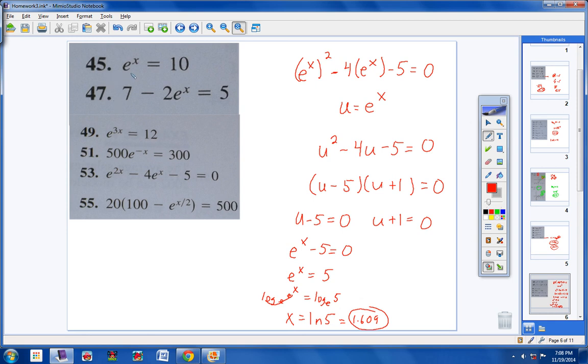Now, this one here is going to give you no solution. Okay, let me show you why. For u, I'm going to put e to the x, and bring the 1 over, make it a negative 1. Now take the log base e of both sides.